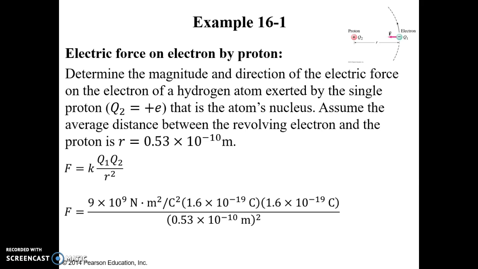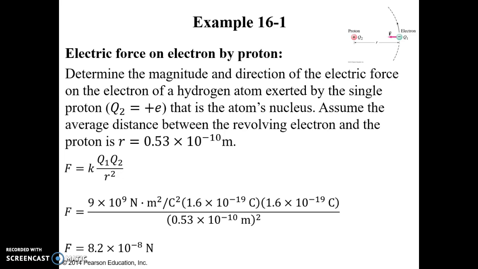Now we just plug and chug. k is the constant of 9 times 10 to the 9th. Q1 and Q2 have the same charge since it's an electron and proton. And the distance is already given in meters. Notice that I didn't bother putting in the negative sign for the electron charge, because I want to calculate the magnitude and use a figure to determine the direction.